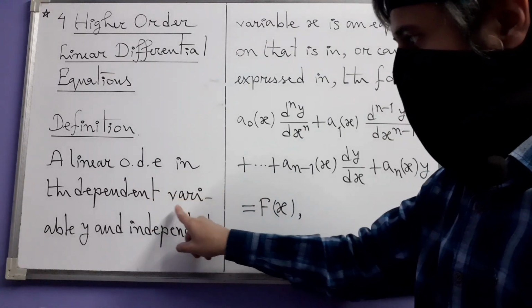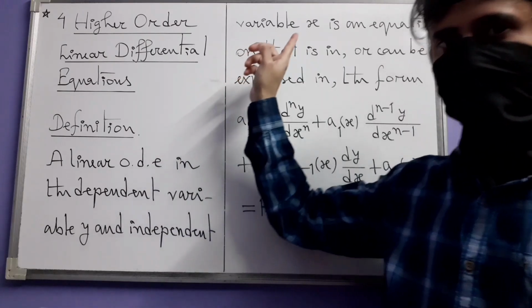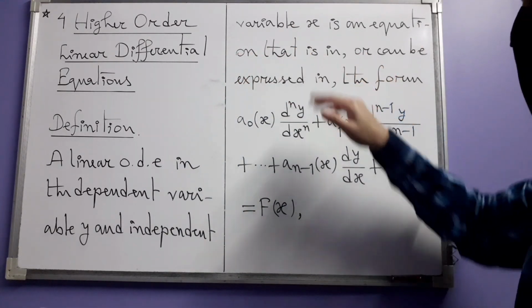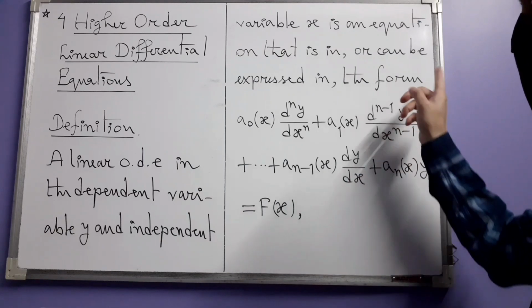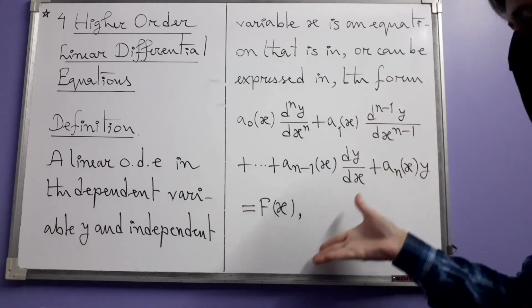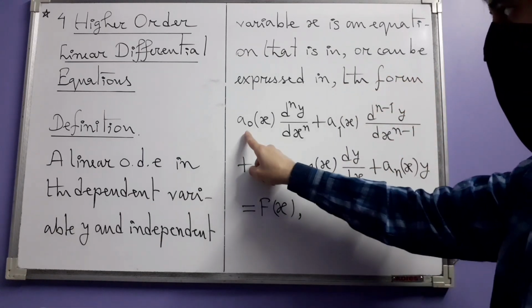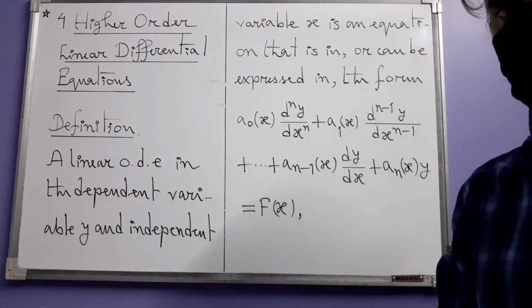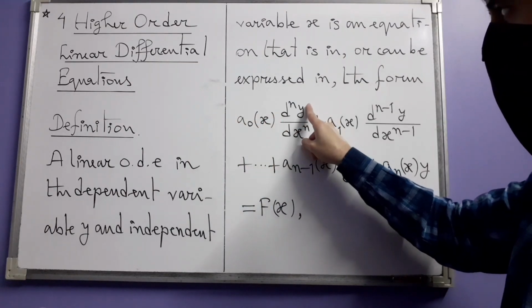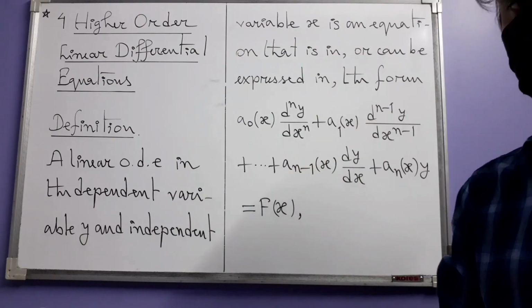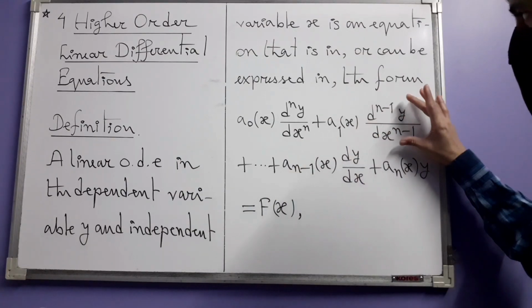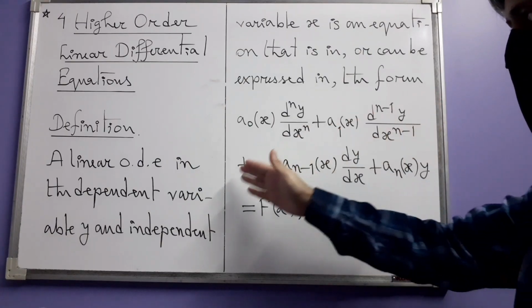In the dependent variable y and independent variable x, it is an equation which either is already in or can be expressed in the following form. a0 of x, so this is a function of x only, times the nth derivative of y with respect to x, plus a1 of x times the n minus 1th derivative, plus and so on.